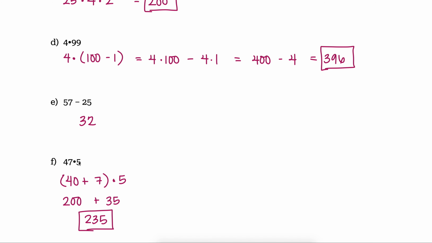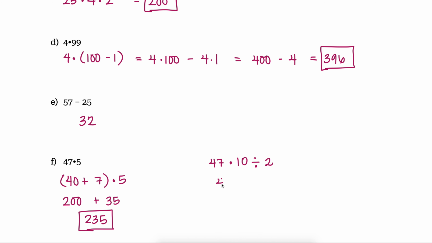The other way that you can view this, so again, we're looking for tens, is think of 5 as 10 divided by 2. So instead of 47 times 5, we can view this as 47 times 10 divided by 2. Again, 10 divided by 2 is 5.